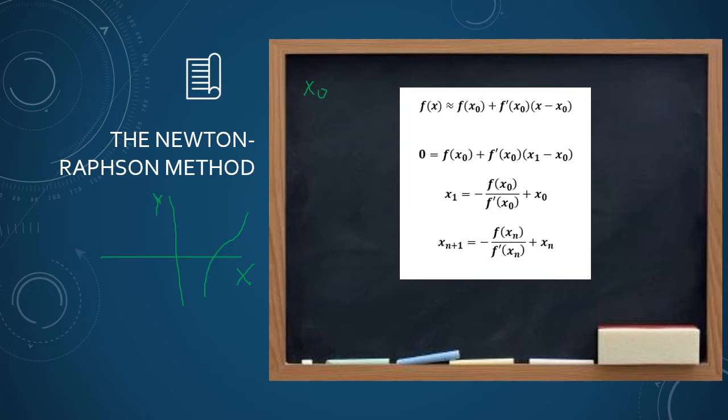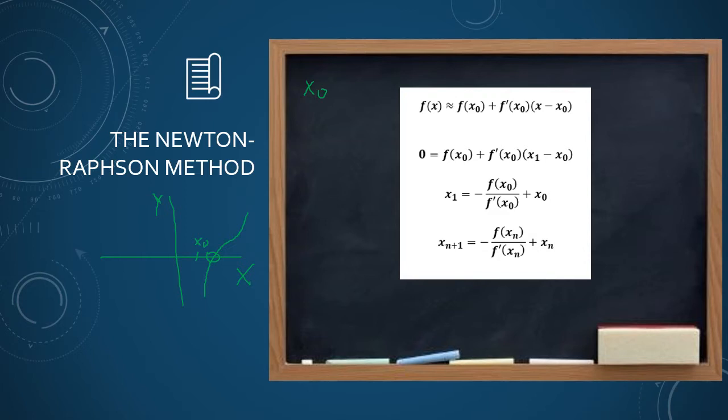Where y equals 0, the x that corresponds to that is our root. So we want to have a guess maybe somewhere here and say, we're guessing that this is our root. It's not actually our root, and it doesn't have to be extremely close, most of the time. There are conditions, though.